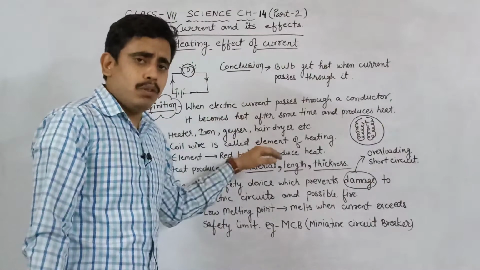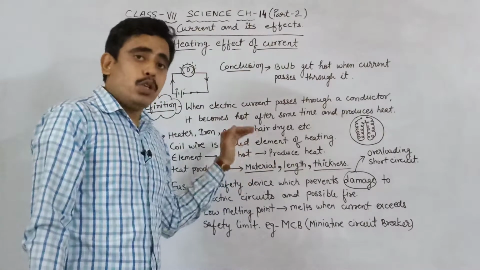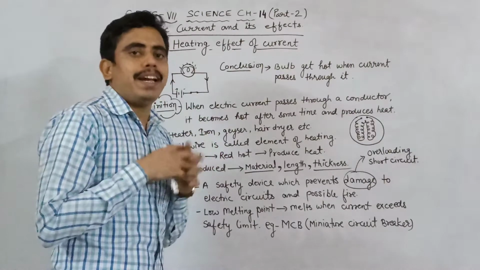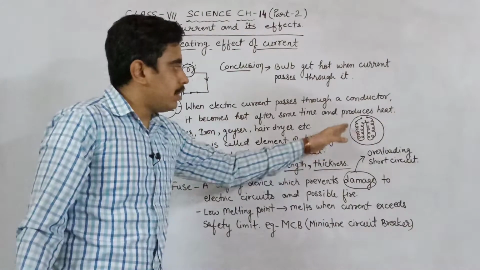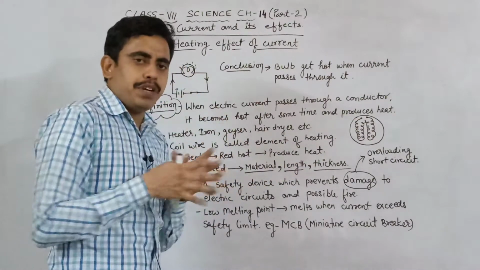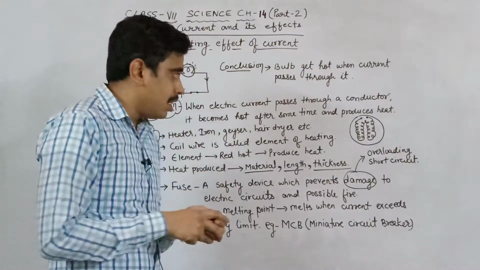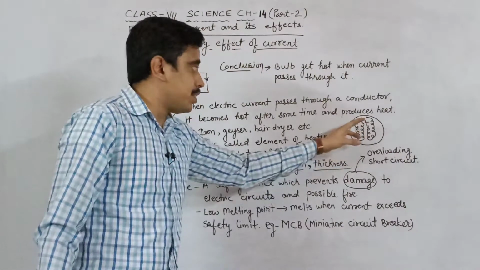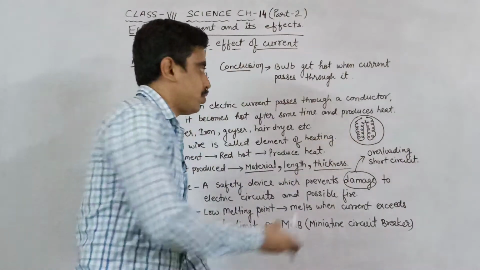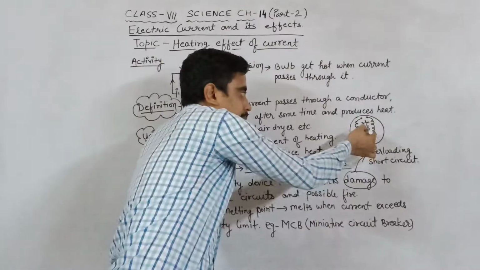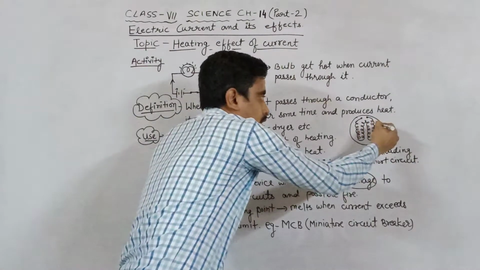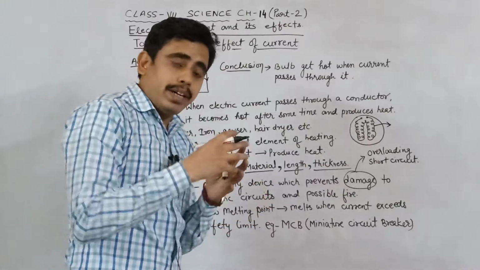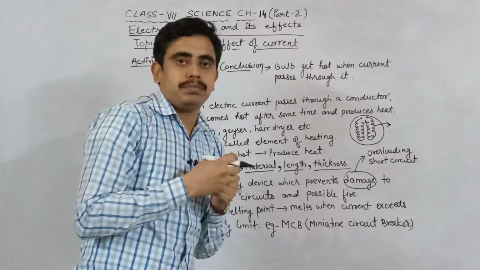If you observe any of these appliances, you will find a coil structure inside. Suppose this is the upper diagram of a heater. Inside the heater there will be a coiled structure. When current passes through it, it becomes red hot.